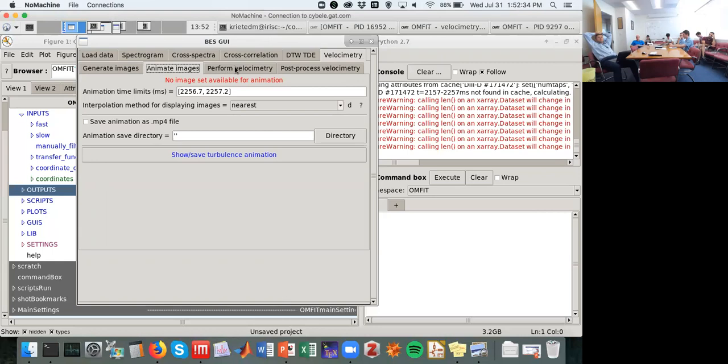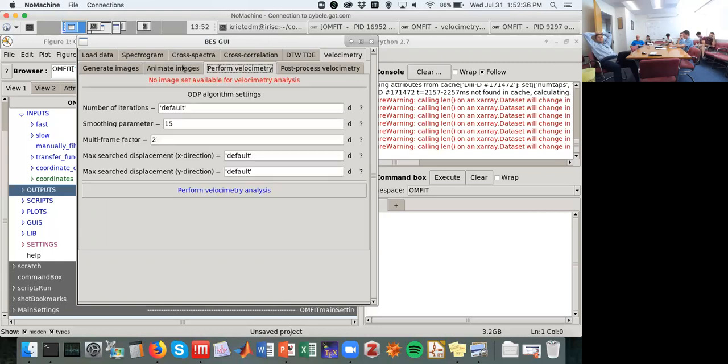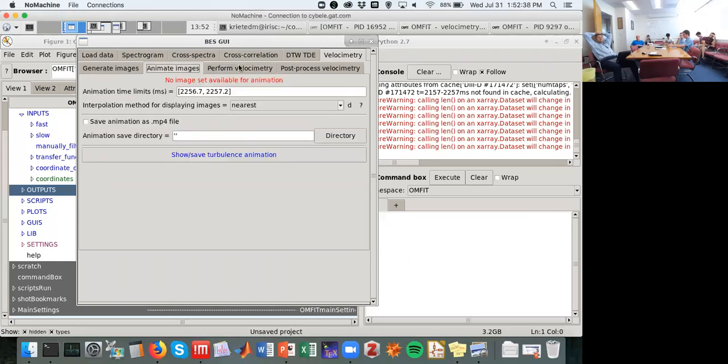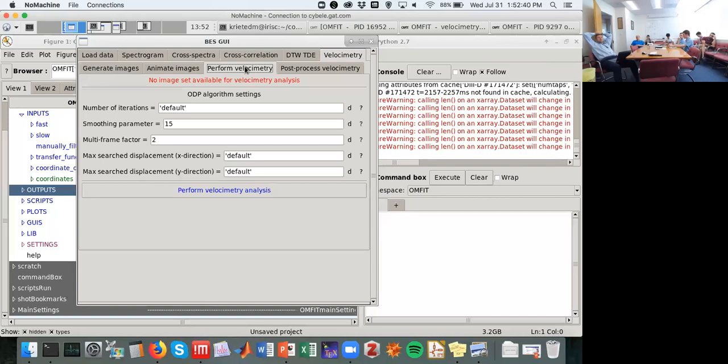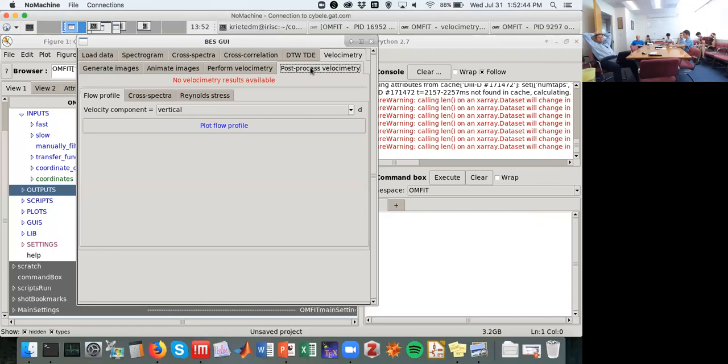I like to show at talks at least. Once you have a set of turbulence images, then you can actually apply the velocimetry analysis. That's what this tab does. And then finally, we have another tab for post-processing the velocimetry analysis. Once you run velocimetry, you can do more analyses on that velocimetry data, and plot things like flow profiles and even estimate what the Reynolds stress is.